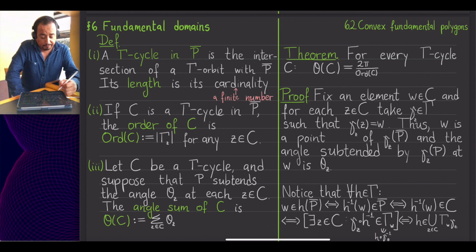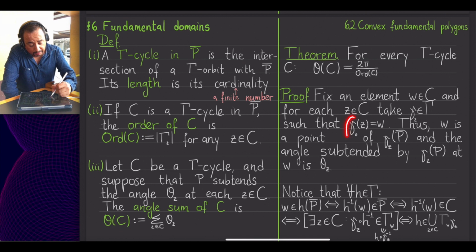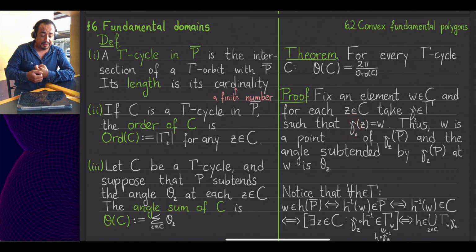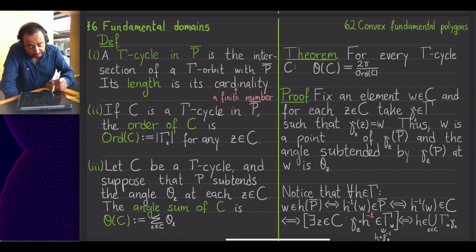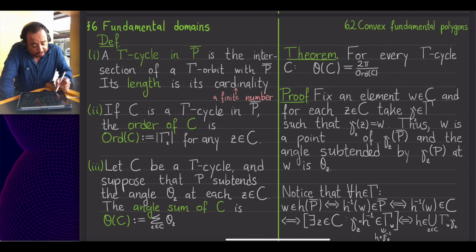I mean, this would be the Z, and then one applies gamma Z. But then this being in the stabilizer is equivalent to the inverse being in the stabilizer.